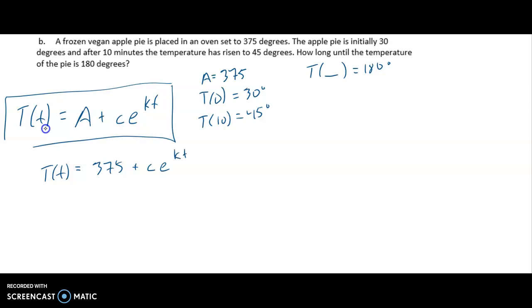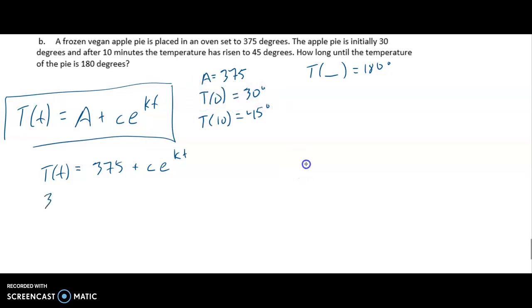So from here, I need to solve for my C value. I've got to choose which one of these to use. Do I use the T of 0 or the T of 10? It turns out that using the T of 0 is easier, because if I plug in t equals 0, that multiplies the k by 0, and then that variable's gone. So I can then solve for C. So we definitely want to do this one first.